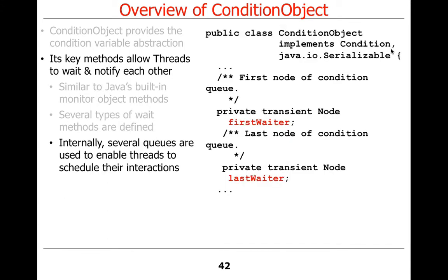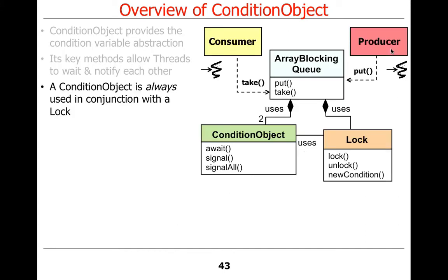Internally, as I mentioned before, there's a whole pile of queues that are used to keep track of all this stuff. We're not going to talk about that, but that's all in AbstractQueuedSynchronizer. Now, here's another thing to remember. This is a little confusing. This is also the way it works with monitor objects, but you don't see this because it's done for you implicitly, unless you do it wrong. When you use a Java condition object, you have to associate it with a lock. Now, this turns out to be very easy, as we'll see in a second.